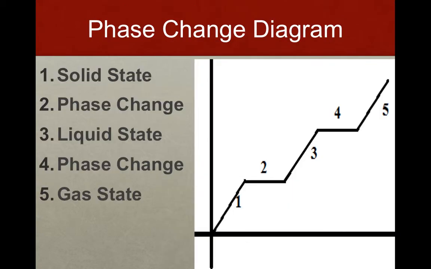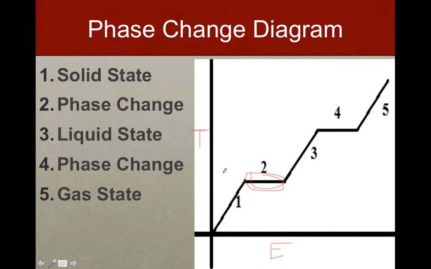Okay? So during a phase change, you can see right here, a flat line. These flat line areas show that. Right here, this is energy down here. I'll put an E for energy on the horizontal axis, and we'll put a T on the vertical axis right here.